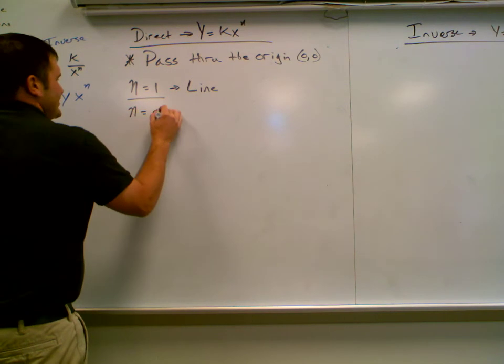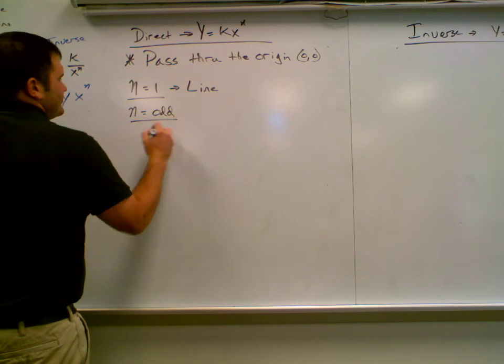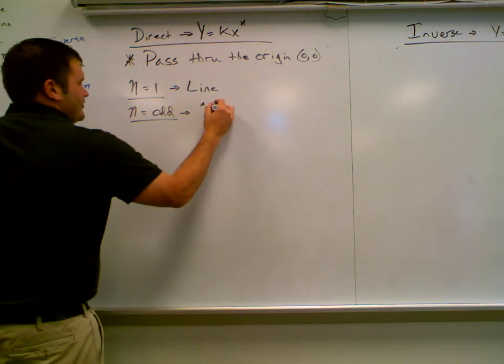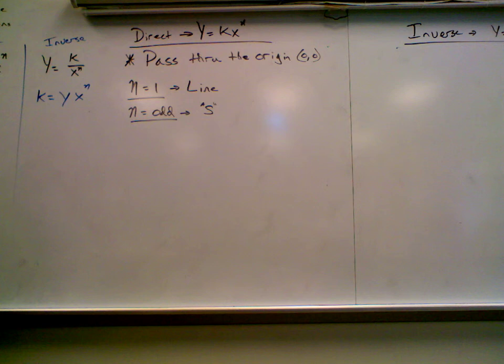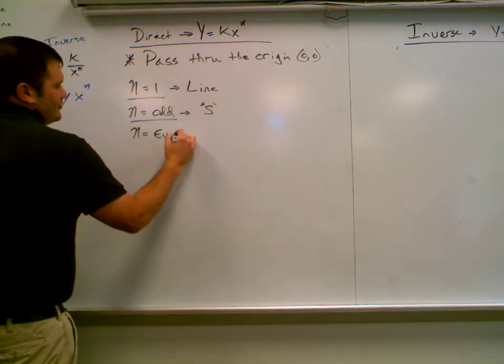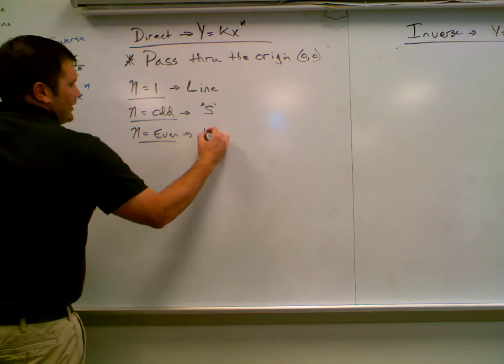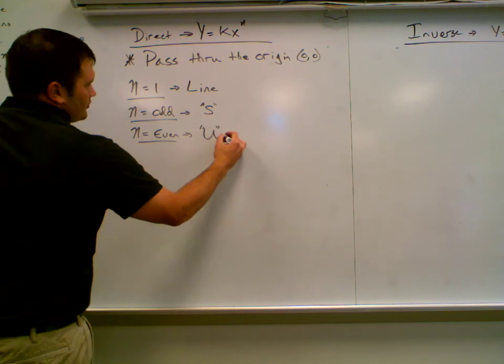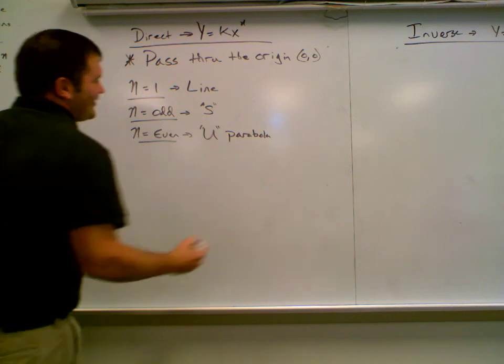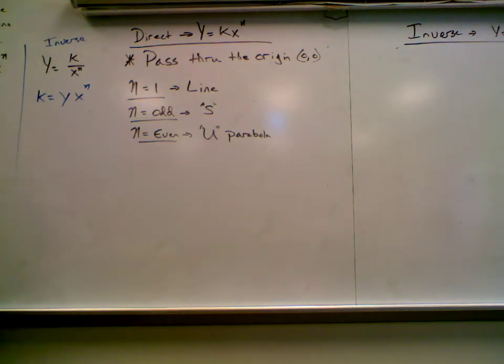What about when n is odd? You get a line going the other way. We get that S thing. And when n is even, we get a U. What's the real name for the U? Parabola, not an umbrella. It's a parabola.